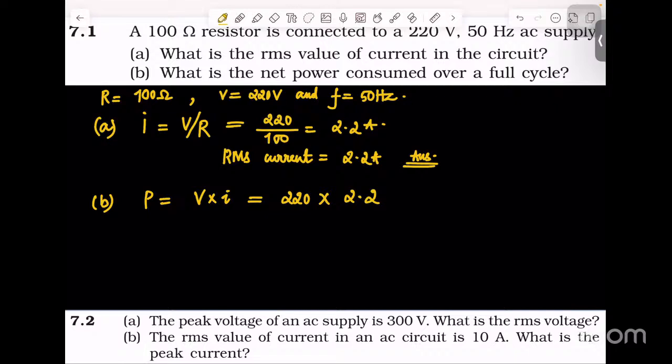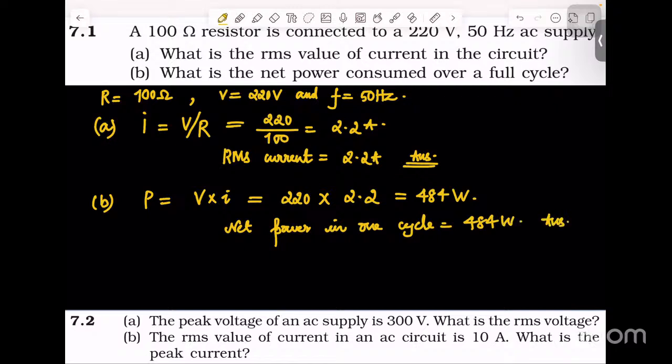So this is just 220 times 2.2, which is 484 watts. So the net power consumed in one cycle is 484 watts. That is the answer to this question. Okay, so nothing difficult here. Let's move on to the next question.